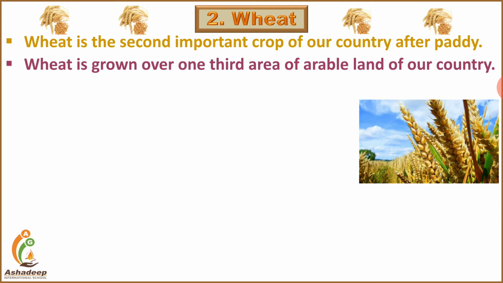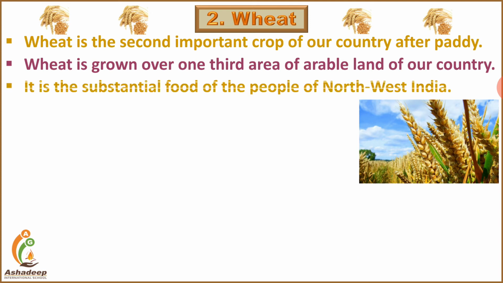At the same time, wheat is consumed in the northern region of India, and that's why in the north and west regions the people are consuming a good amount of wheat. One third of the area of India is cultivated with wheat.